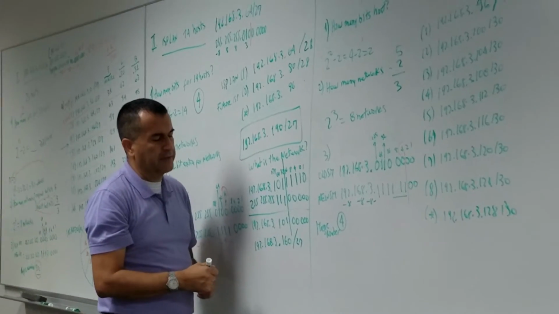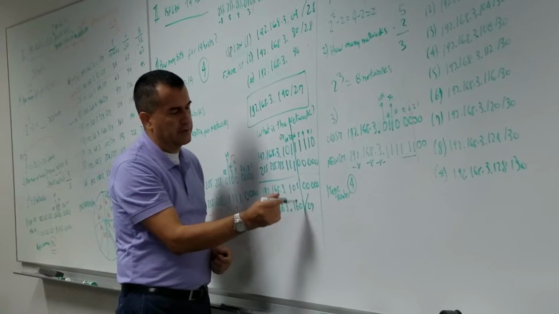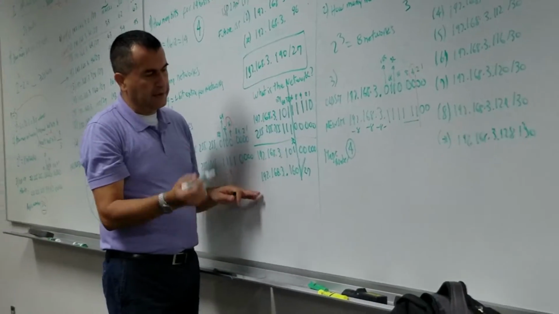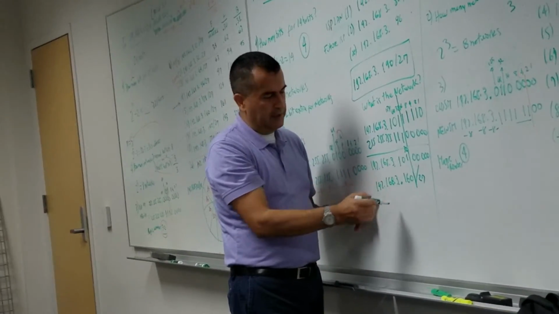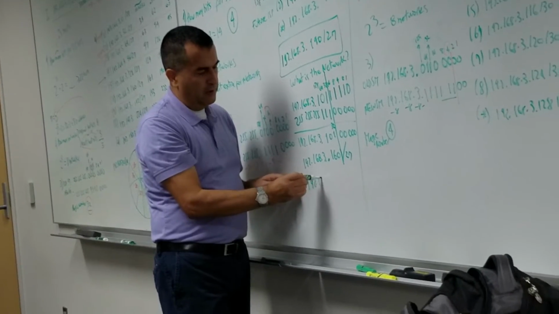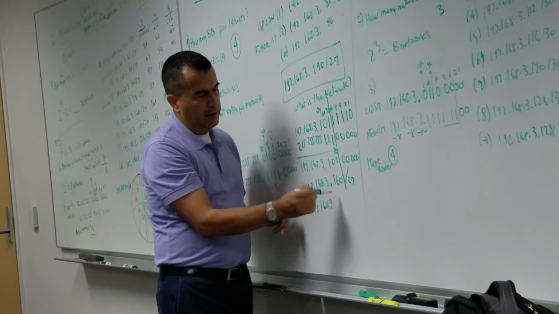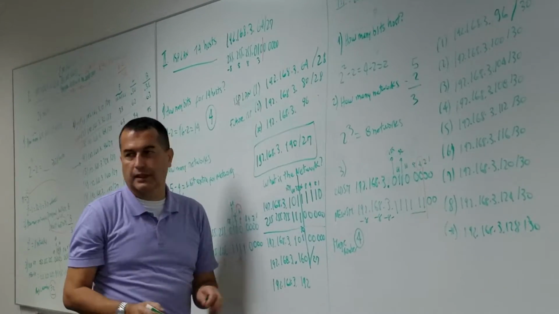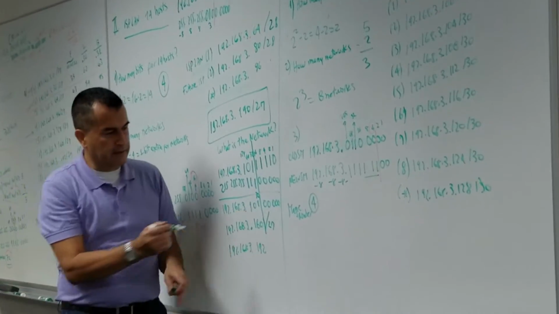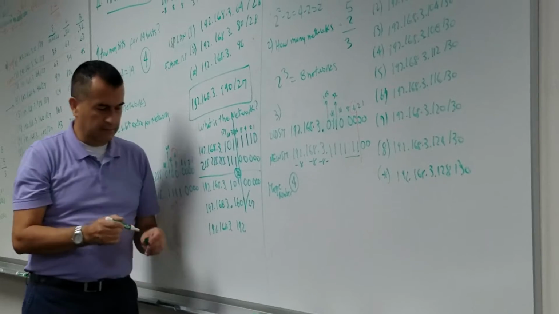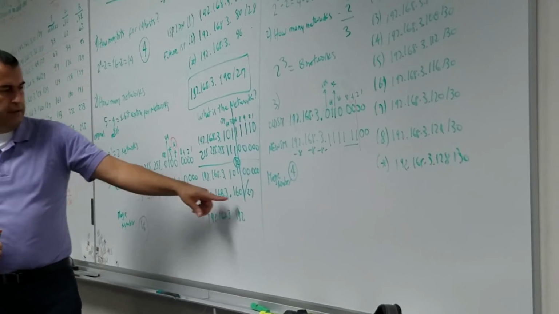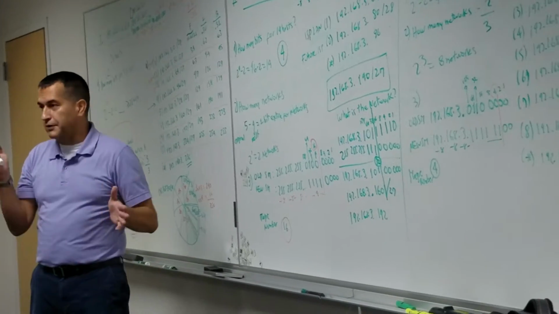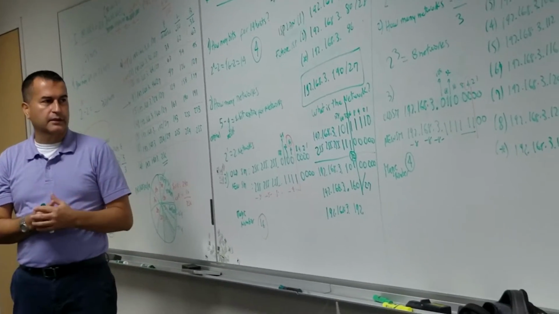Once you do these calculations, you find the next network, which is going to be this one over here: 192.168.3.192. That's the next network. So the broadcast is going to be 191. Using this magic number on the /27, without translating to binary or anything like that.